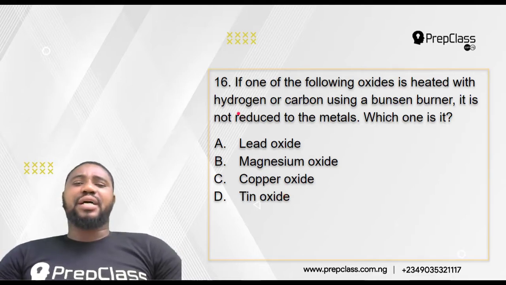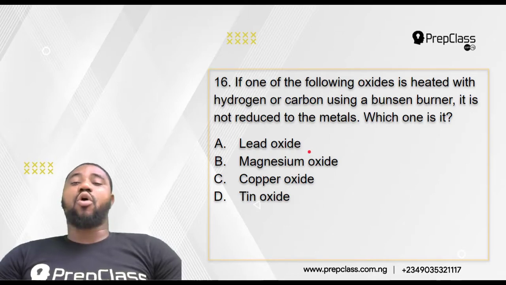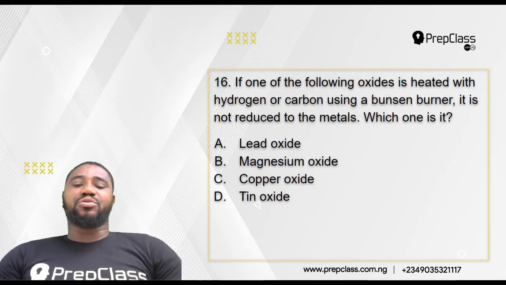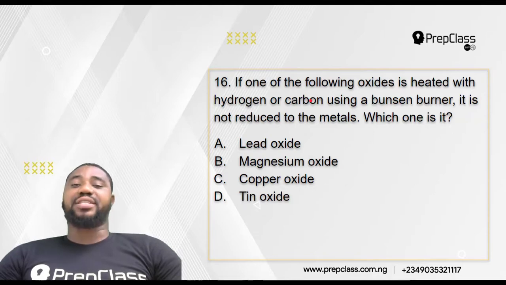Now, one thing is that hydrogen and carbon are reducing agents. They will reduce metallic oxides to the metal. But that is only possible if the hydrogen or the carbon is more reactive than that metal in question.